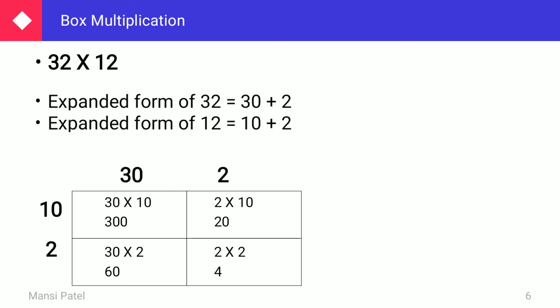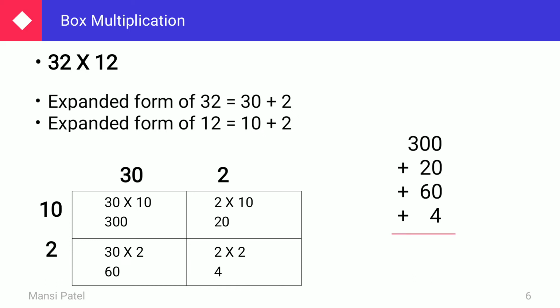Then the multiplication of 30 2s is 60 and 2 2s is 4. So what do you have to do? You have to add all these answers, means 300 plus 20 plus 60 plus 4.